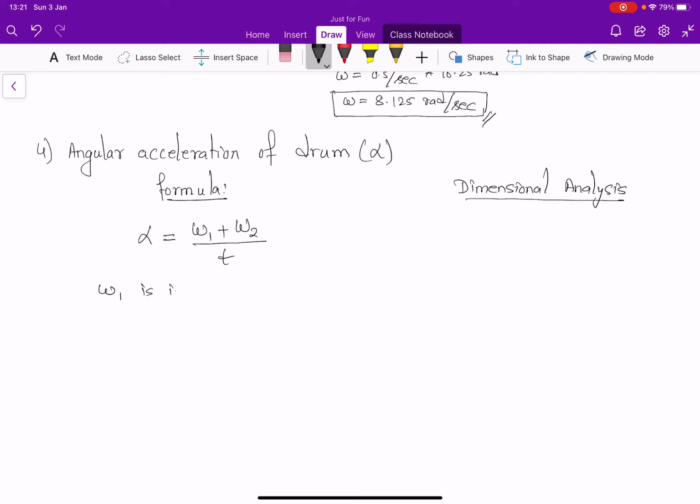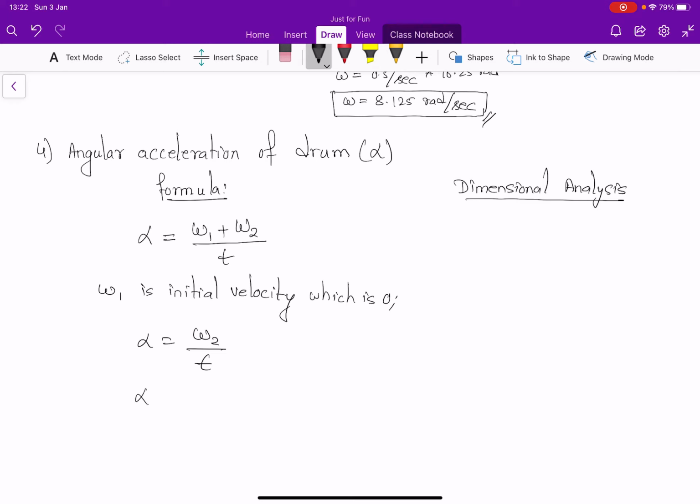So omega 1 is the initial velocity, which is 0. So we'll get alpha equals omega 2 divided by t, and omega 2 is your final velocity, which we have calculated as 8.125.